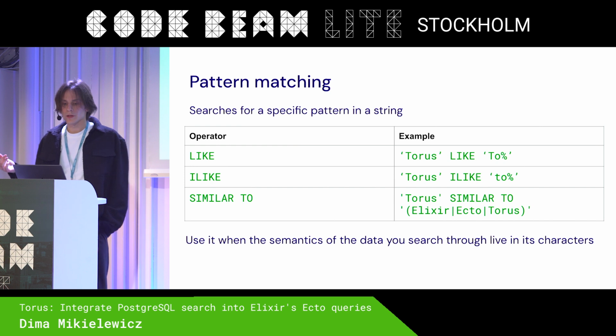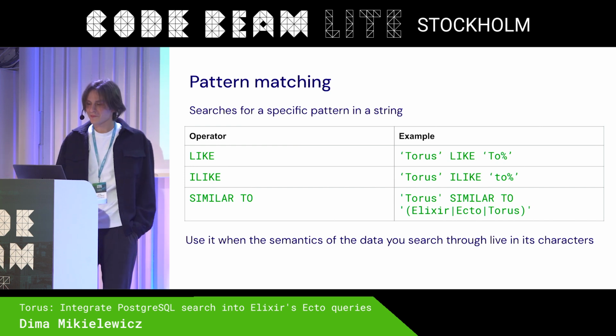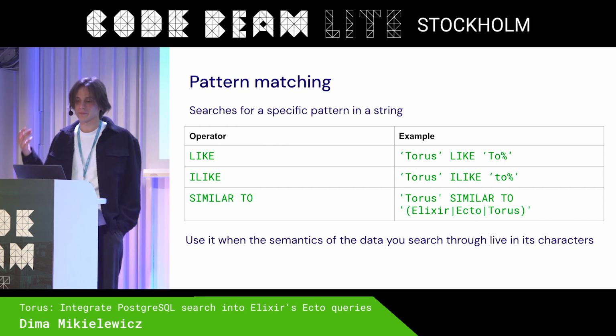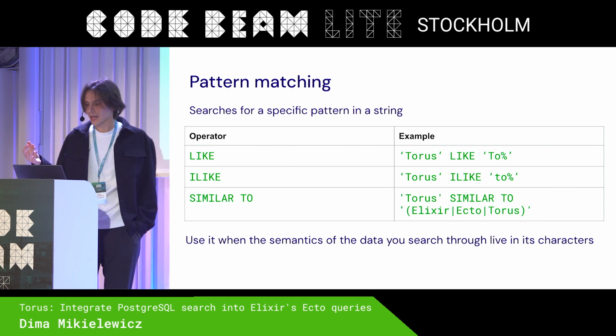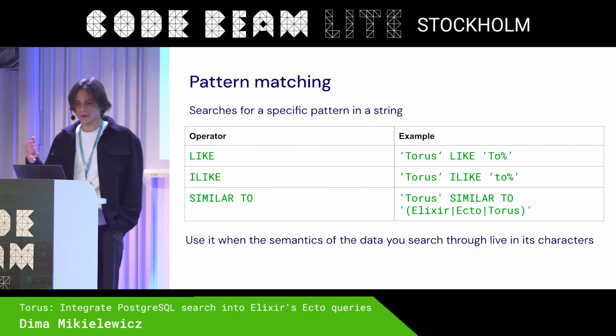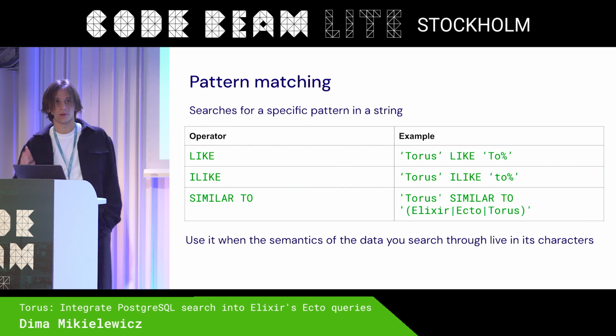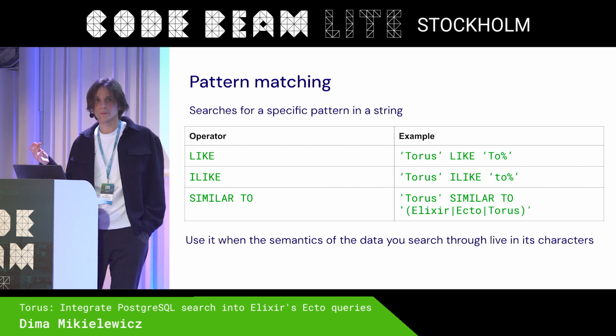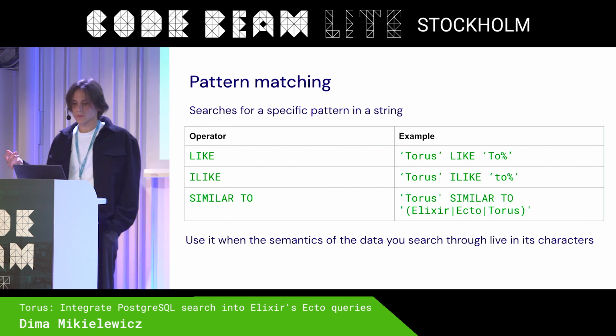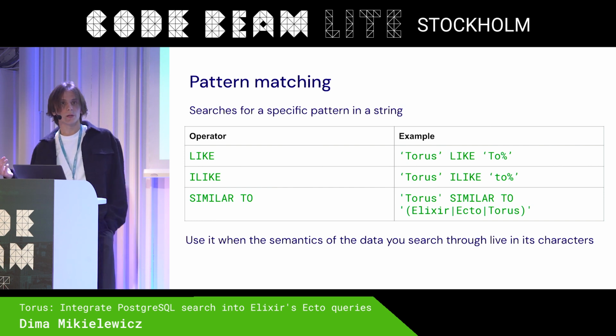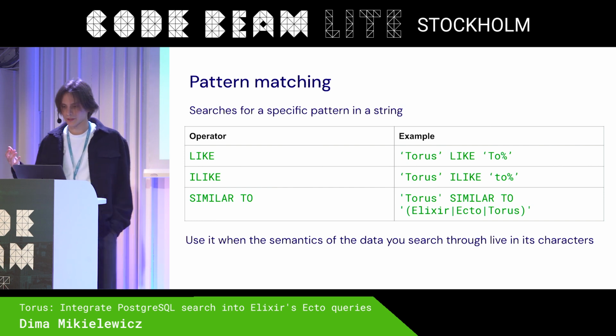So, starting with pattern matching. Pattern matching searches for a specific pattern in a string. And you could use different operators there, for example, LIKE, ILIKE, or SIMILAR TO. We use pattern matching when the semantics of the data you search through live in the data's characters.